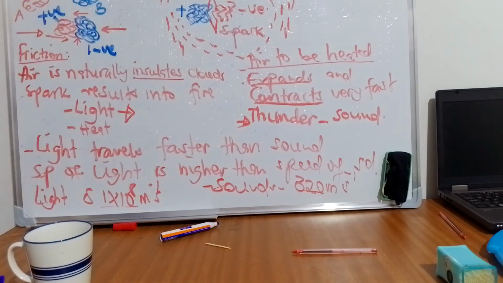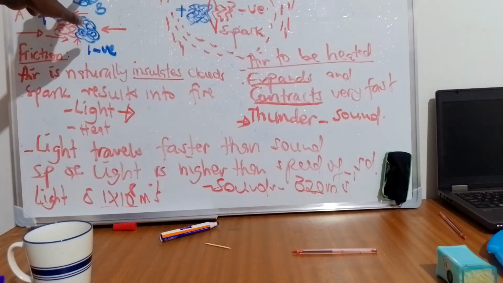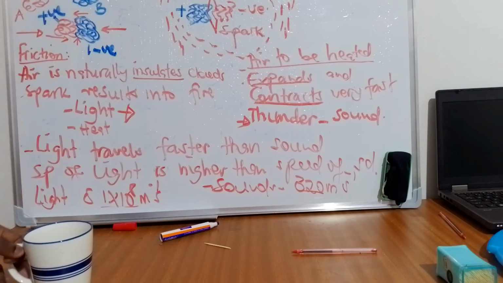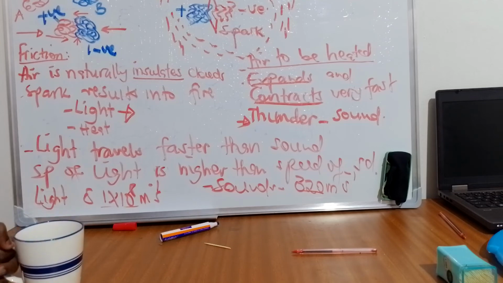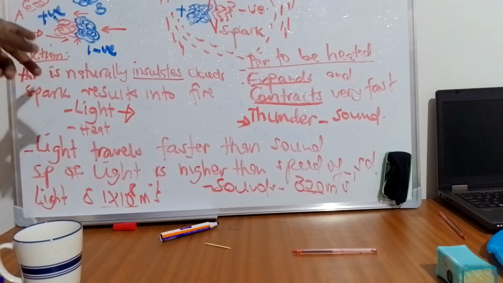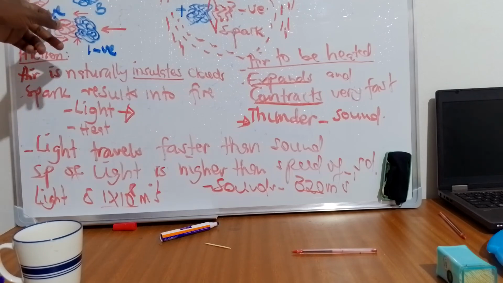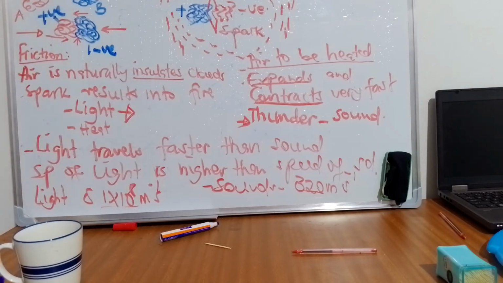Simple. A recap of this. Clouds in the atmosphere, as they are moving by the help of wind, meet each other. When they meet each other, they rub one another. And because of this friction, each cloud gets a charge, either positive or negative. They continue moving.